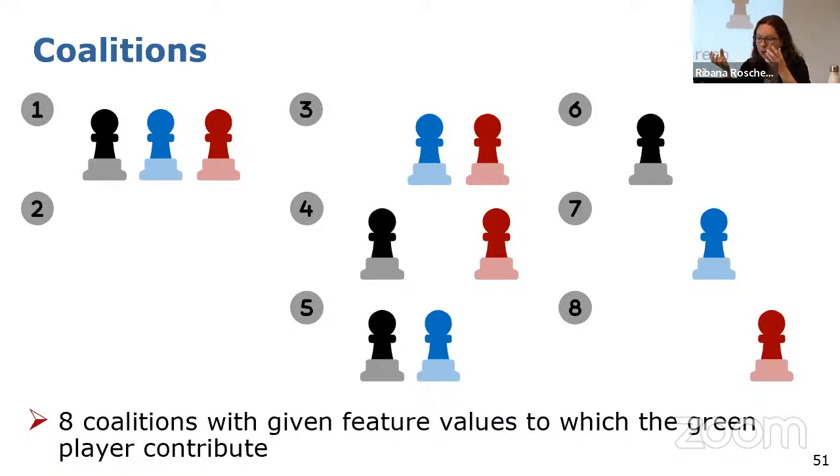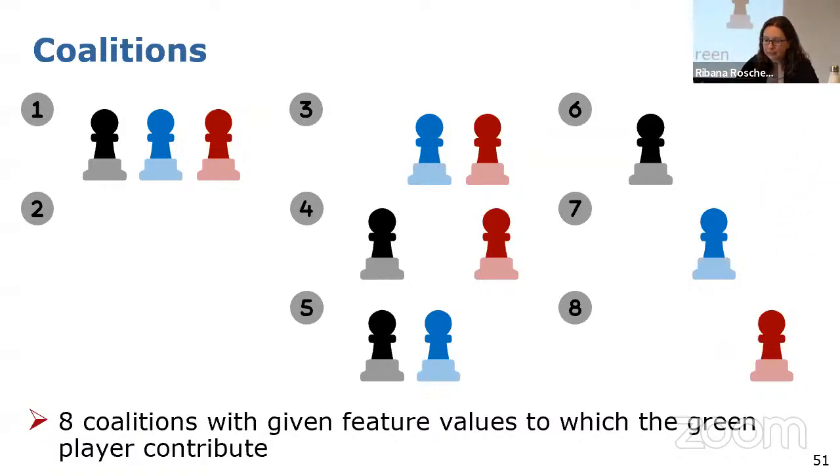This is actually what you want to know: how much is the contribution of one feature when it's put into a coalition of other features? The so-called grand coalition is when all players or all features perform together. That's the set of all features and players.